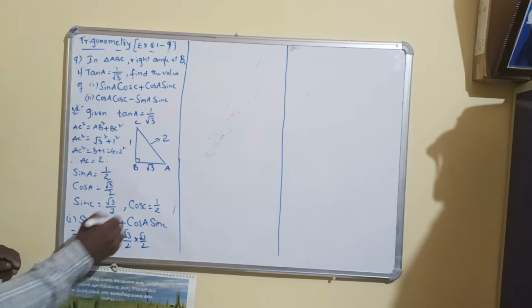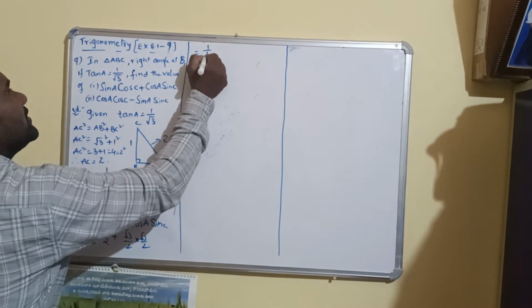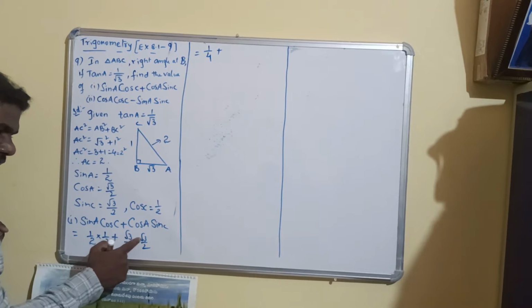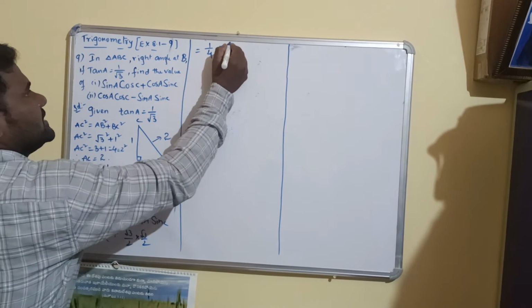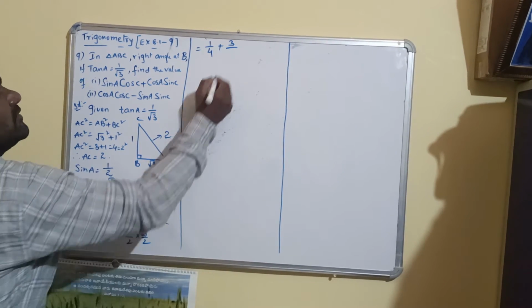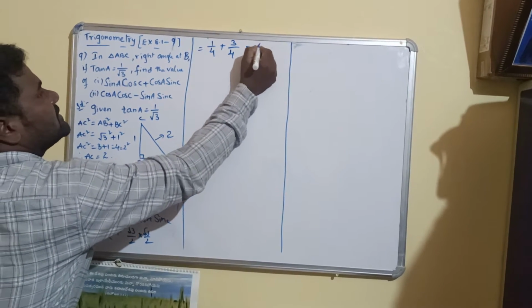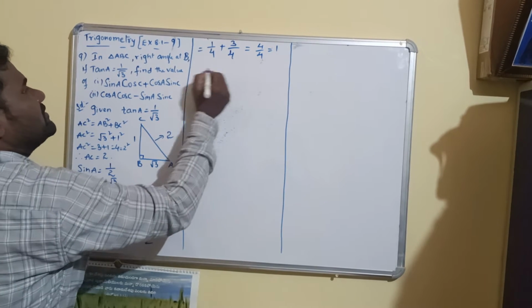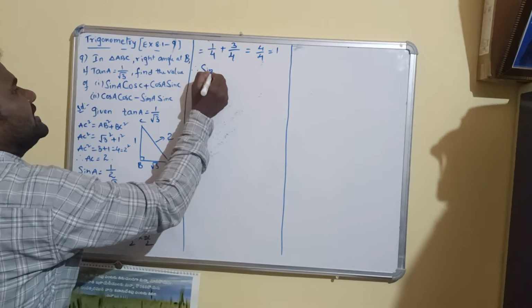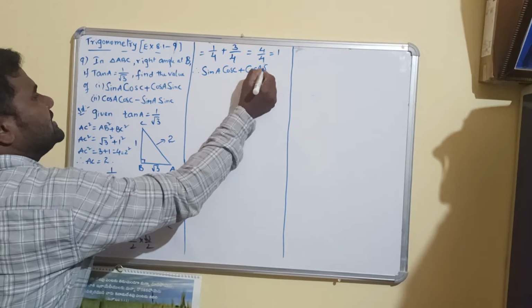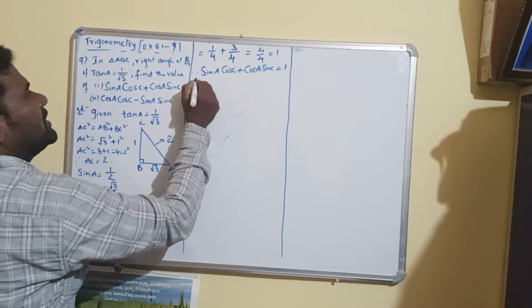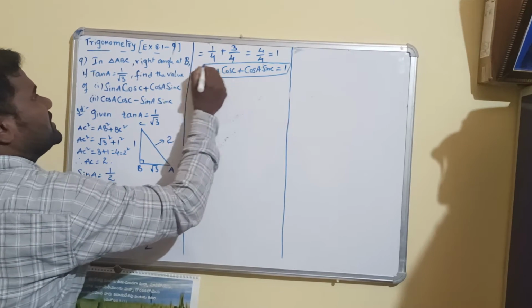What we get? 1 by 4 plus root 3 into root 3, that is 3, by 4. 1 by 4 plus 3 by 4 equals 4 by 4, that equal to 1. Therefore, sin A cos C plus cos A sin C value is 1. We got the first value.